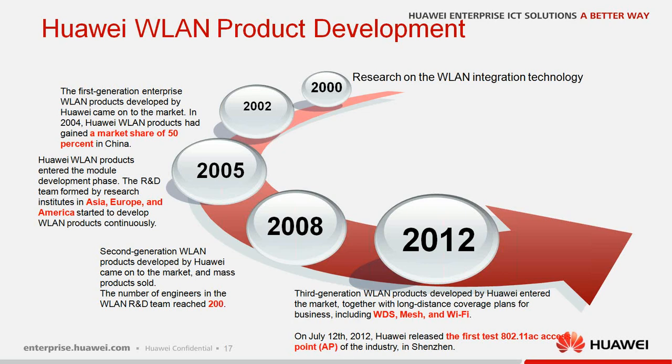When we launched the wireless LAN product in 2004, Huawei had a market share of almost 50% in China. From 2004 all the way to 2012, we showed our first prototype of our 802.11 AC products last year, and this year we are in the process of shipping those .AC compatible WLAN products to the market.